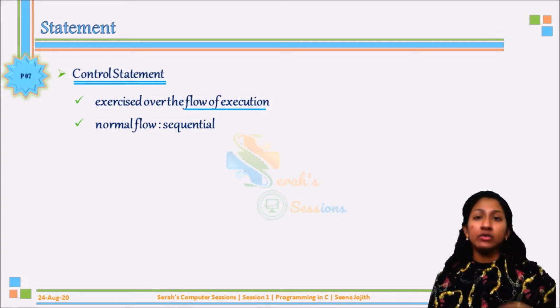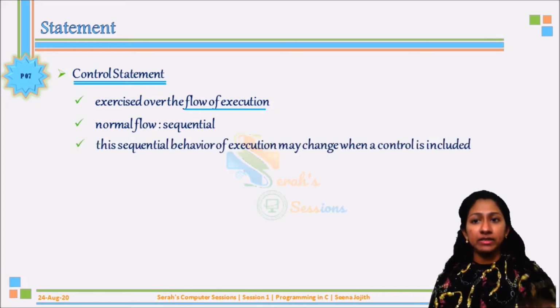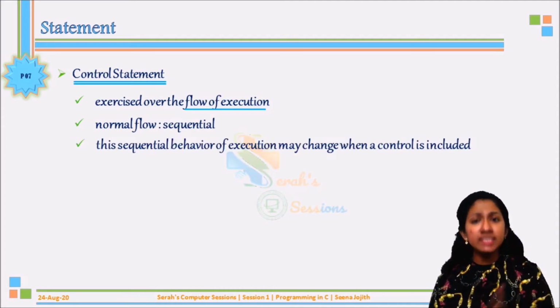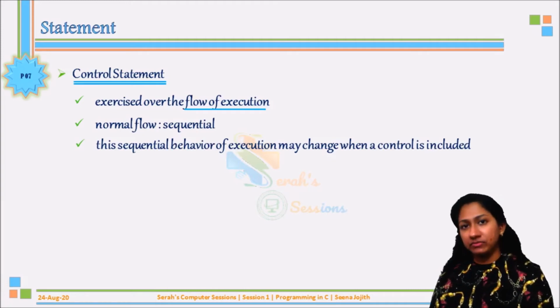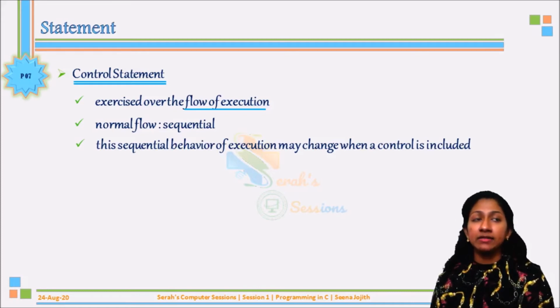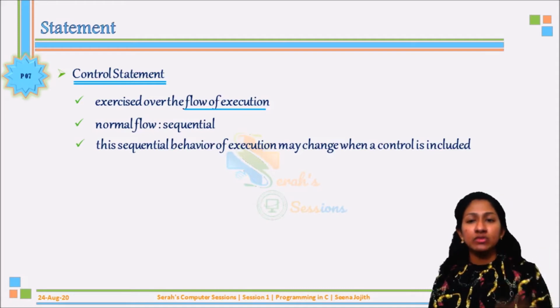But when you include a control statement inside your program, this sequential behavior of execution may change. We will see how the sequential behavior changes according to what we write inside the program, and what kinds of control statements we use.